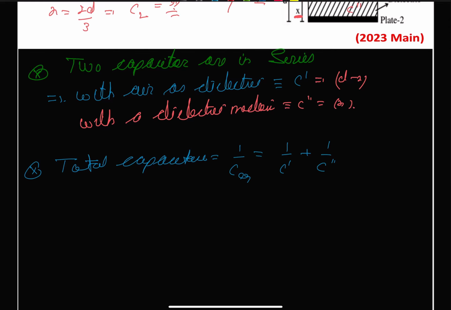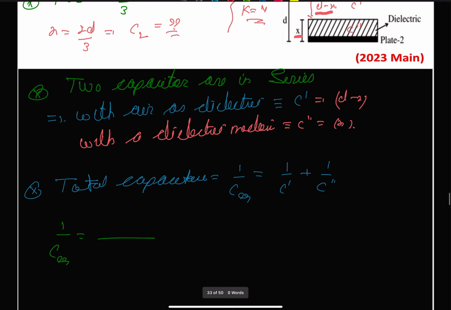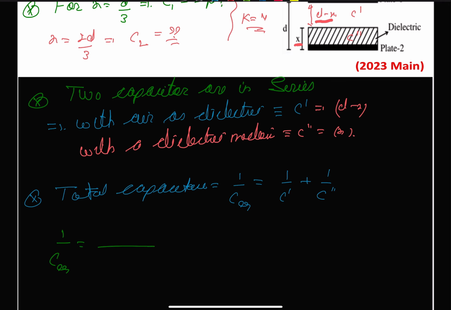Therefore, 1 upon C equivalent will be equal to D minus X upon epsilon naught A, plus, for C double prime with respect to the dielectric, the area is also the same but the dielectric constant is K and the thickness is X. So we can take 1 upon epsilon naught A as common.